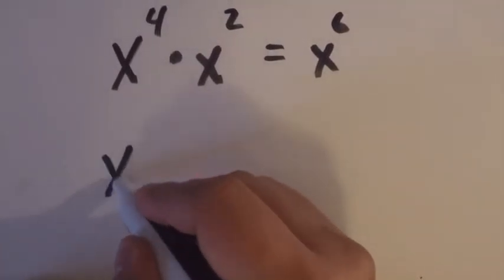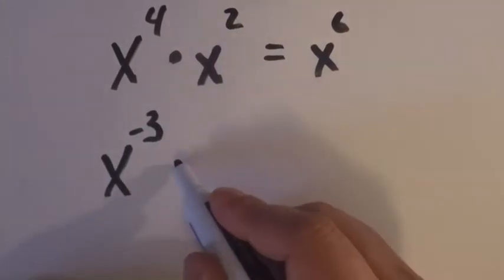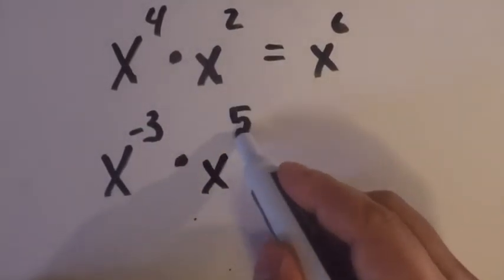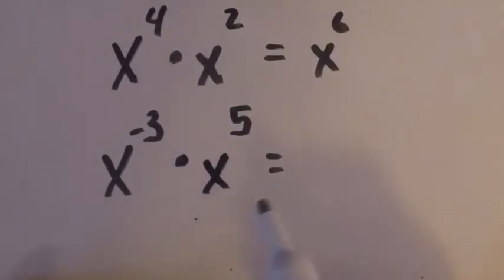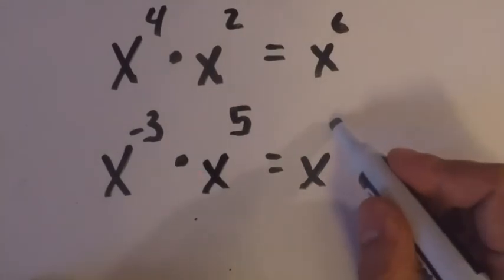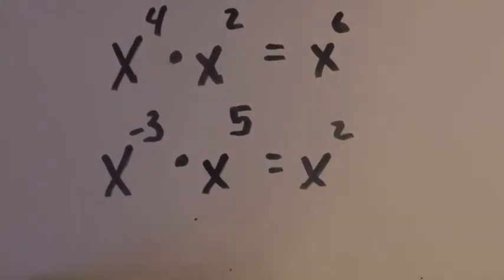So if we have x to the negative third multiplied by x to the positive fifth, we would say it is x and then negative 3 plus 5 is to the positive 2. So again, whenever you're multiplying exponential expressions, we add the exponents.